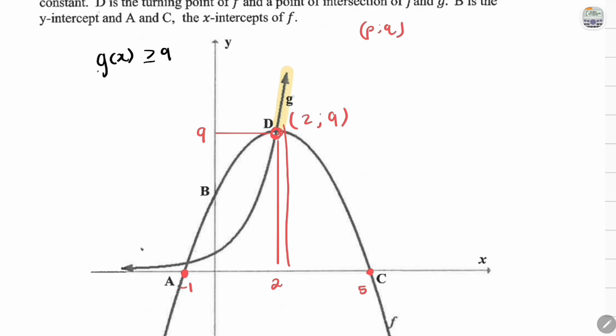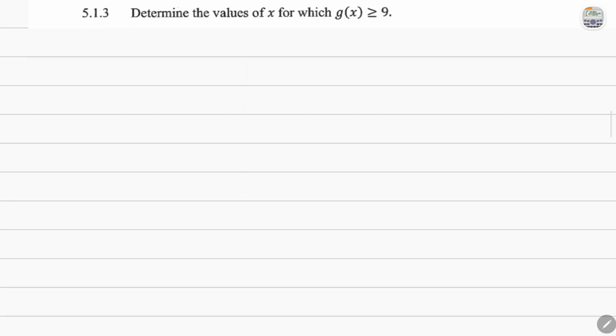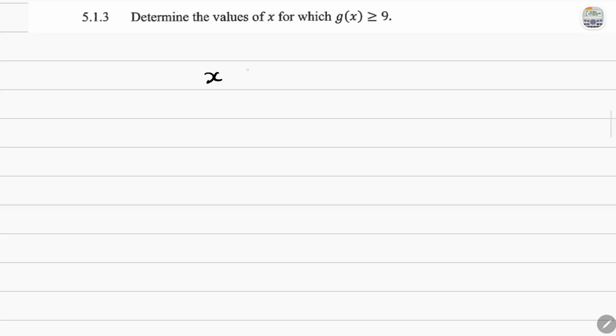So these are the values that we get. They are values that are to the right-hand side of 2. So these are values that are greater than 2. And it will keep shooting like that. So it's always going to be values greater than 2. So we can say greater than or equal to 2, because at 2, we have an actual y value of 9, so equal to 9. Okay, so our answer there is x is simply greater than or equal to 2.